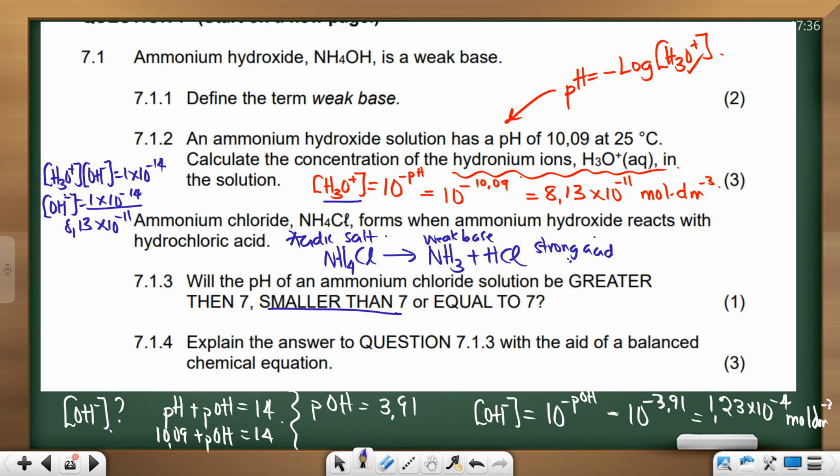7.1.4. How do we deal with that? It goes back to your definition, guys. An acid is a substance that produces what? Hydronium ions when ionized in, not solution, in what? What was that defining?